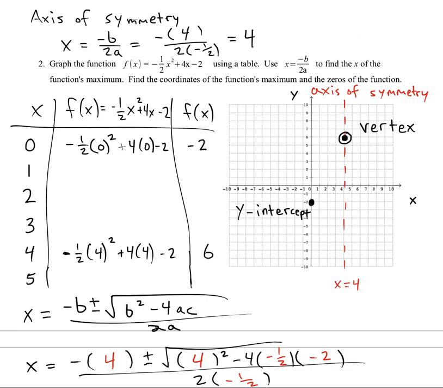Okay. According to the calculator, I get 0.54 and I get 7.46.